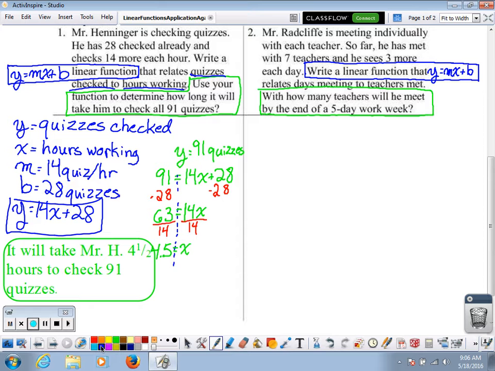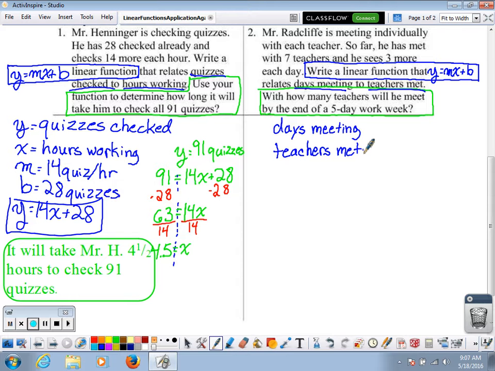Okay, what two things are changing in this story? Days meeting and teachers met. Okay, those are our two variables.